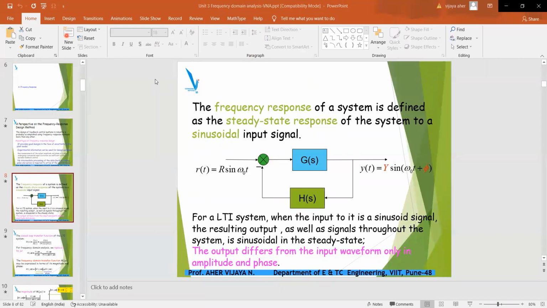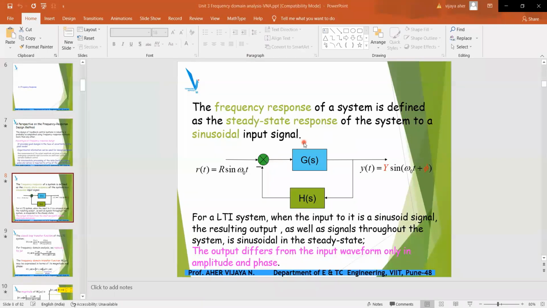Very important term. The frequency response of a system is defined as the steady state response of the system to a sinusoidal input signal.